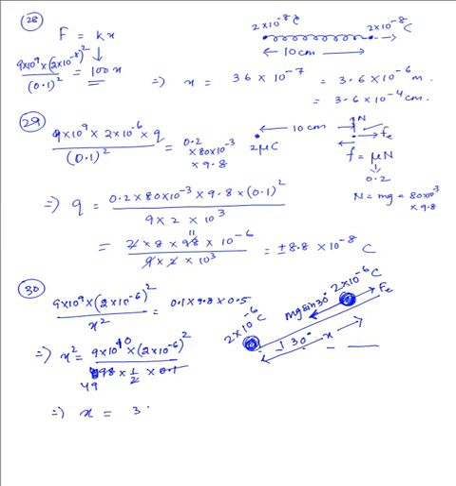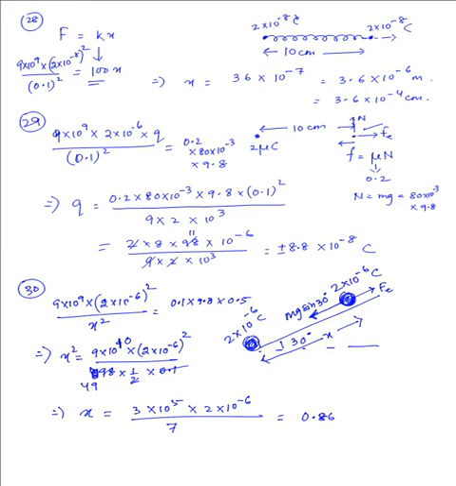This is 3, this is 10 raised to the power 5, this is only 2 times 10 raised to the power minus 6 now with the square gone, and this is 7. As simple as that. So this is 6 over 7. 6 over 7 is nearly 0.86 if I'm correct, or 0.85 maybe. Yes, 0.86 or 0.85. I'll keep it as 0.86.